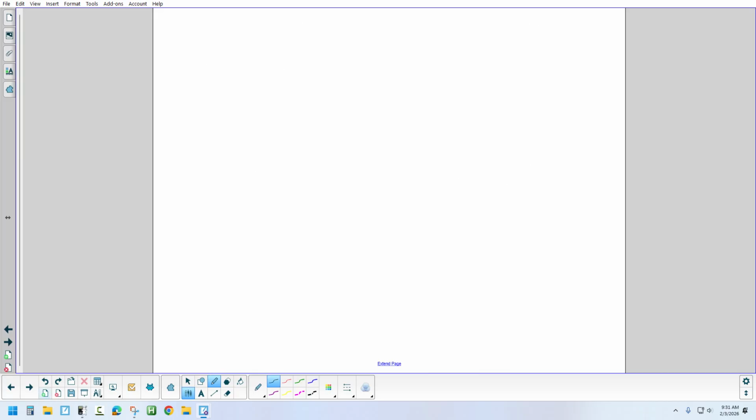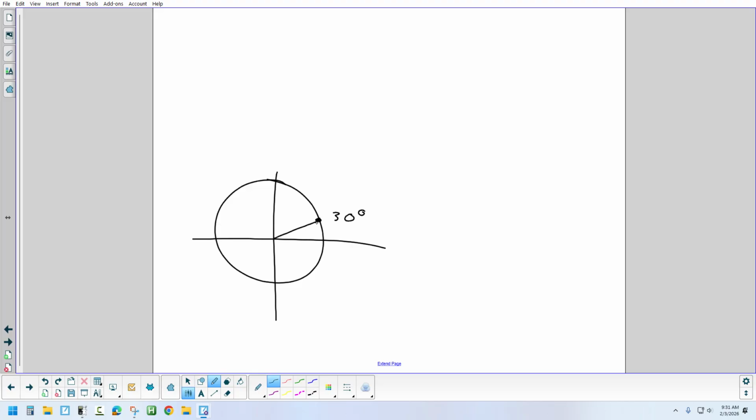If you can't figure out the order, draw a picture. It doesn't have to be perfect. Just try to make it somewhat accurate. Put 30 right here. Make a triangle. If you draw it somewhat reasonable, you should be able to tell which side is the short side and which side is the long side.